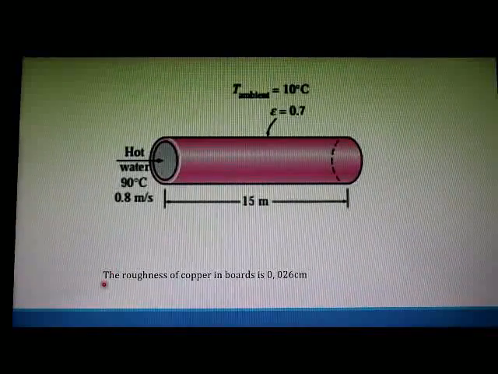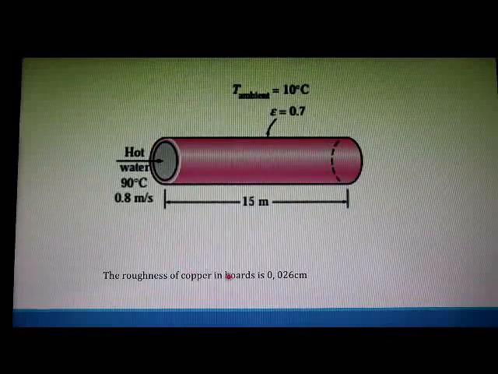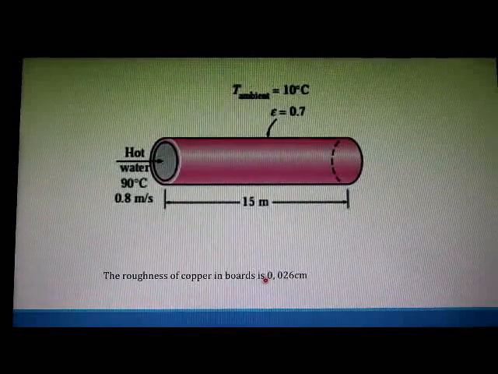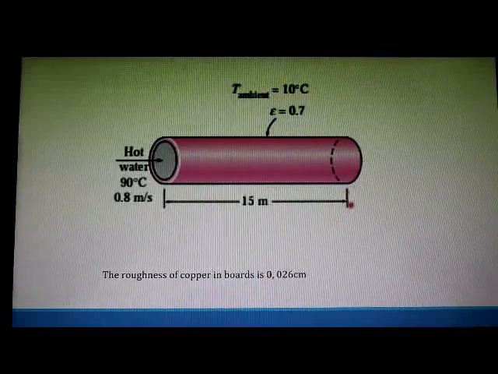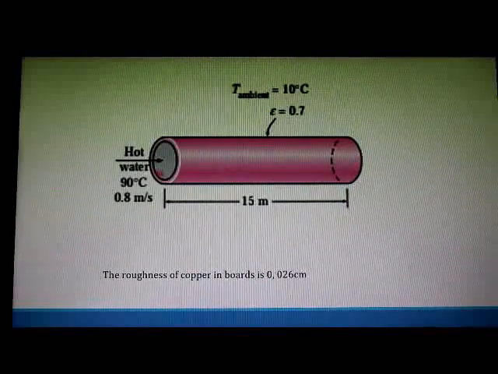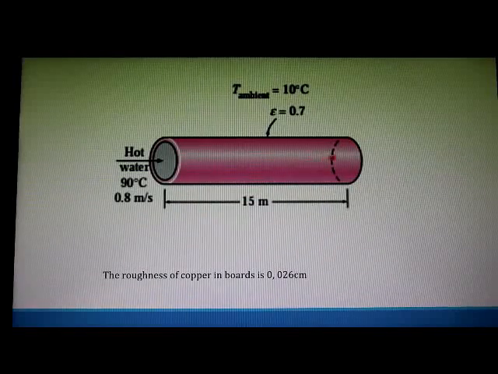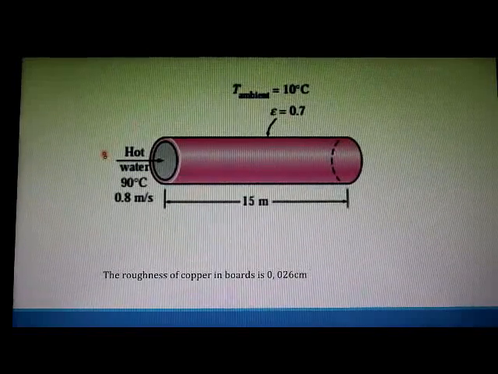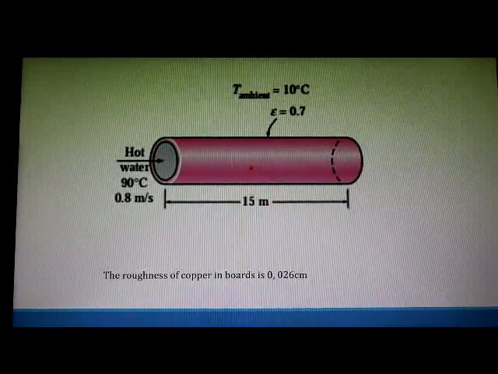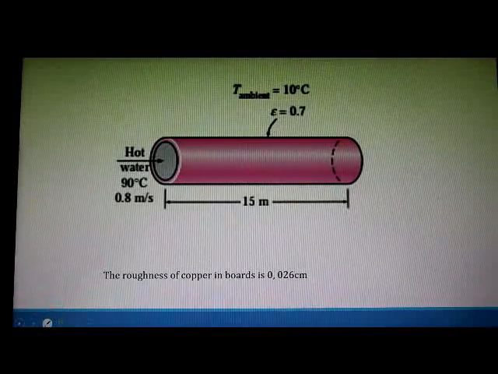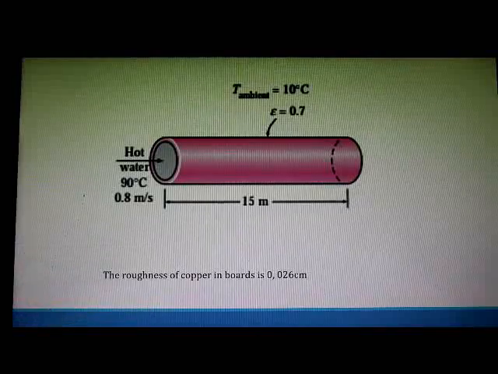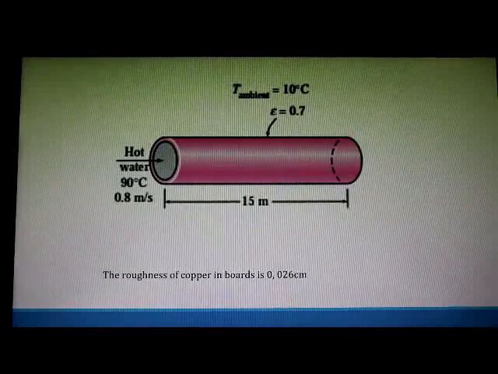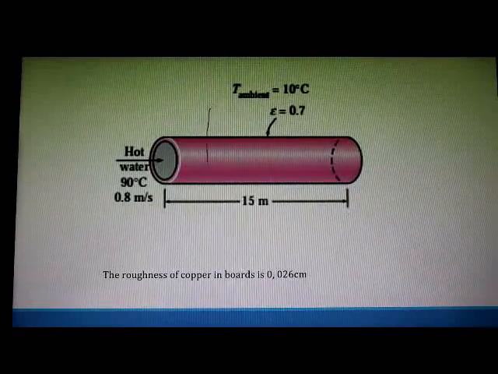We have to know that the roughness of the copper is 0.026 centimeters for our exercise. We have hot water and cold surroundings, meaning that the heat transfer is going to be from the hot water to the surroundings.